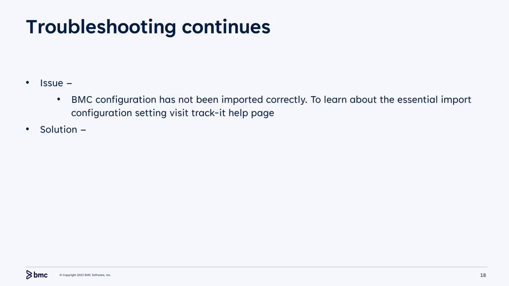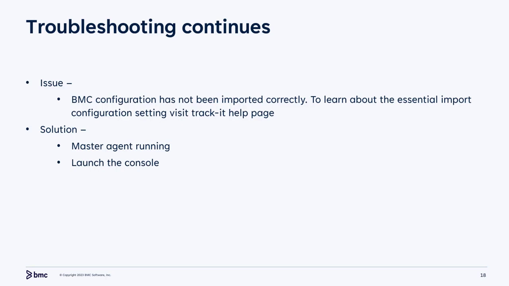Another very common issue that we come across while configuring BMC Client Management within Trackit is that you will get a warning saying BMC configuration has not been imported correctly. To troubleshoot this issue, you could check if the BCM master service is up and running and the access to the BCM console is working fine.